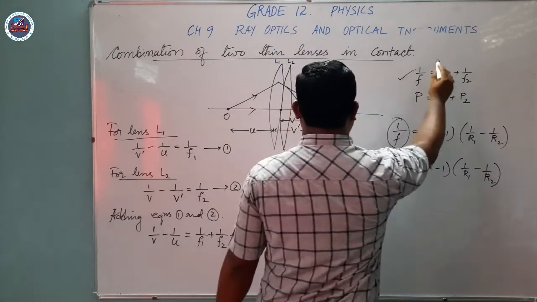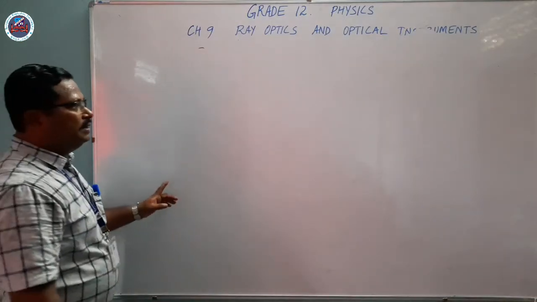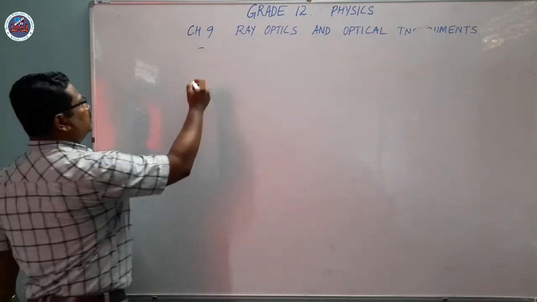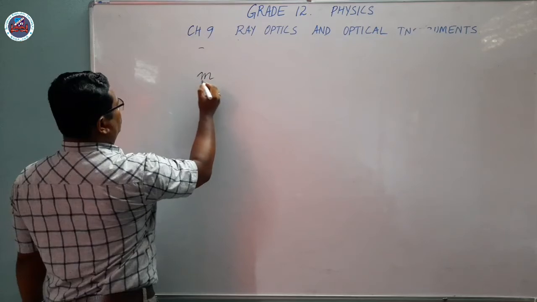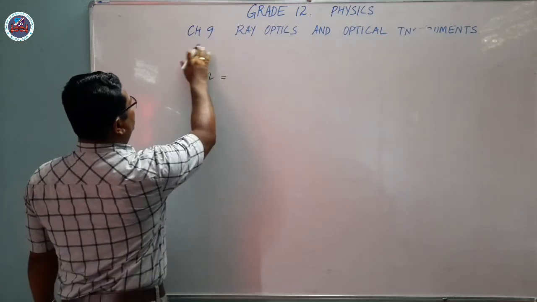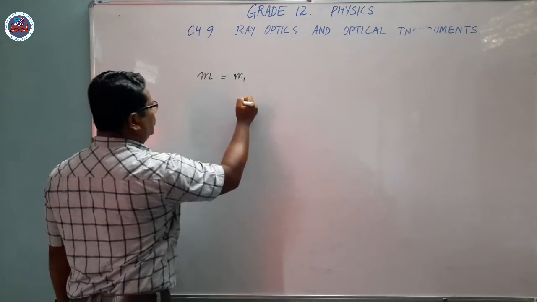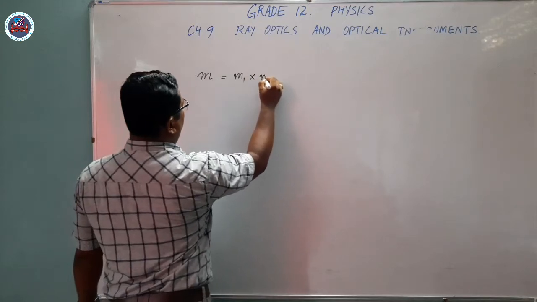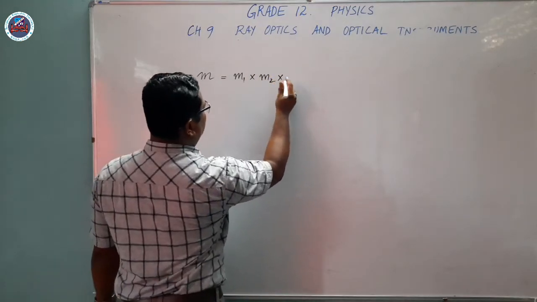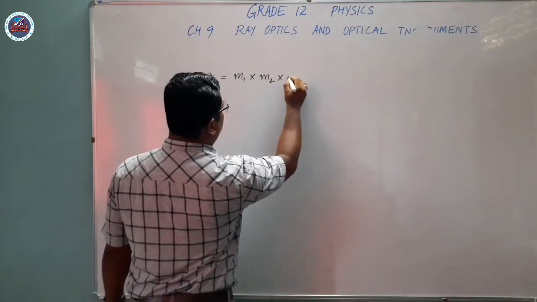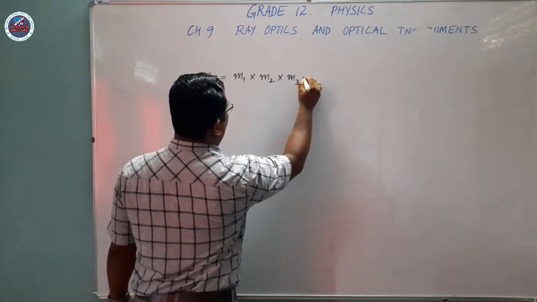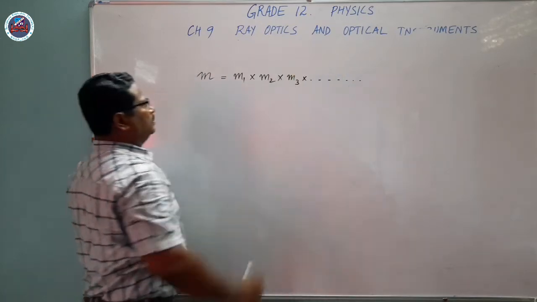Let us see one question like this. Magnification produced by a combination of lenses: the equivalent magnification will be the magnification produced by the first lens multiplied by the magnification produced by the second lens. If 3-4 more lenses are there, then it will be M3, M4, M5 and so on.